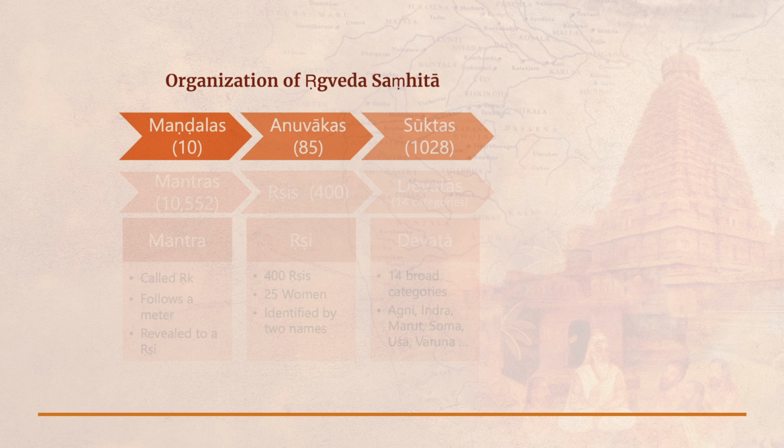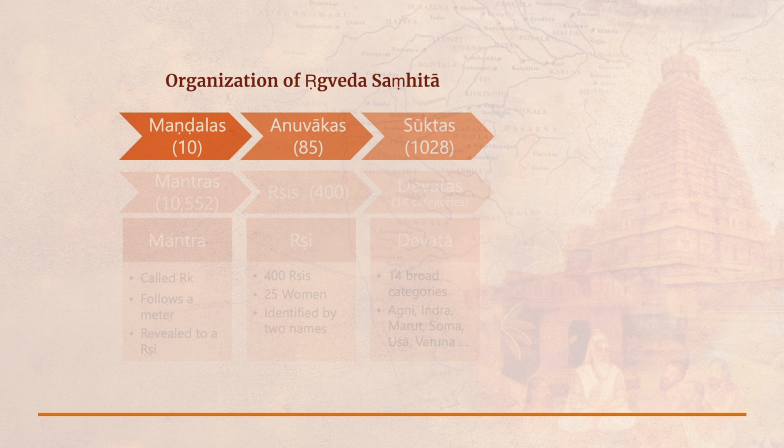So you end up having 85 anuvakas, and in each anuvaka there may be some suktas. So you can think of it as a 3-level representation: 10 mandalas, which consist in all of 85 anuvakas, and in these 85 anuvakas you have 1028 suktas. A sukta is a collection of mantras put into one section. You can think like that.